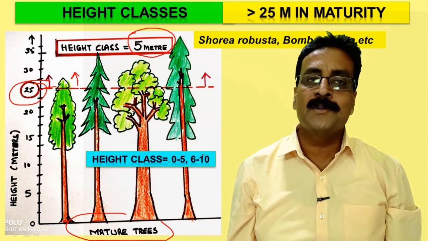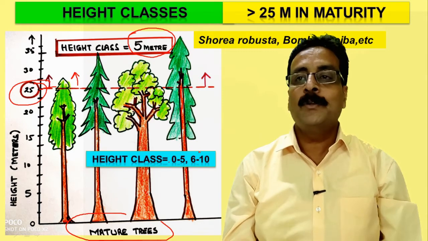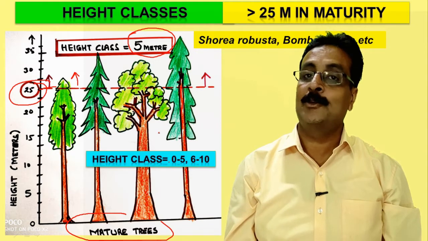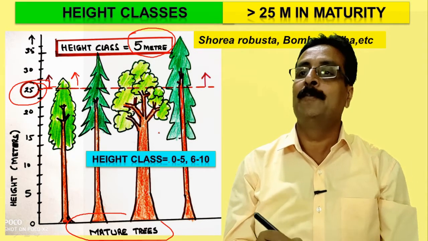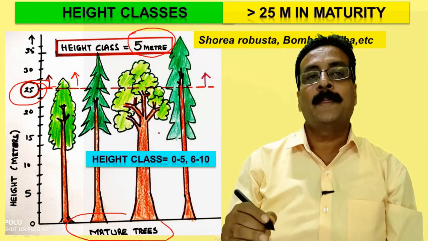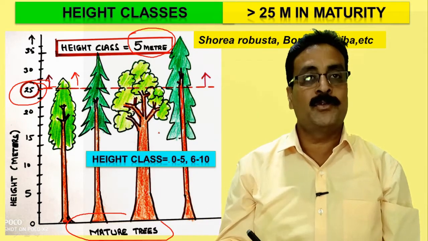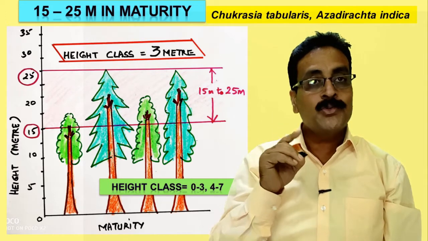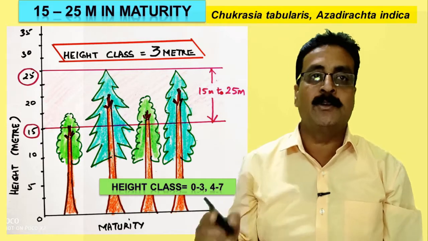These are some species like Shorea robusta, and species like Bombax. So it is important for us to understand what the height classes are and which trees will be given height classes of 5 meters. This is the height class for tall trees whose height crosses more than 25 meters at maturity.